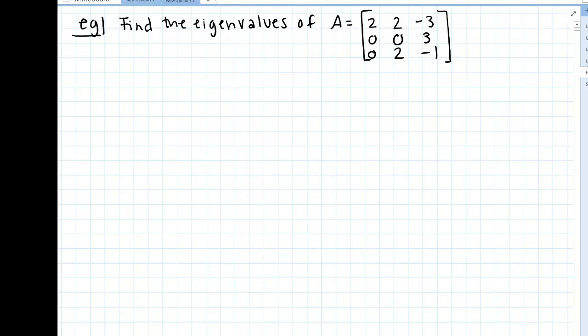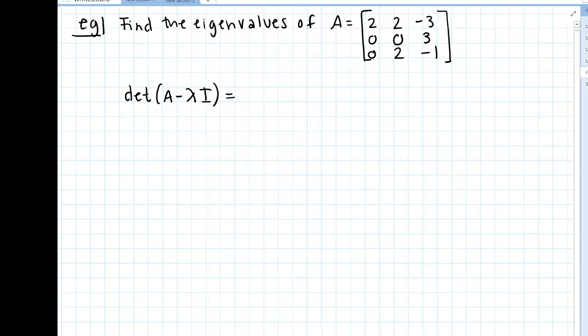So how do we find eigenvalues in general? Going back to what we were writing down on the last page, we basically want to find the determinant of our matrix minus lambda times the identity, and set that equal to 0. So maybe I'll hold off on writing the equals 0. Let's actually write out what that would be.